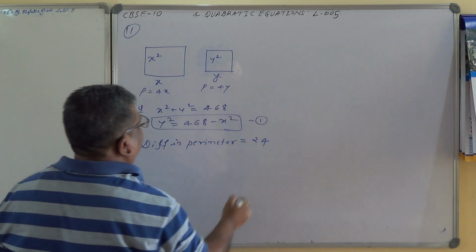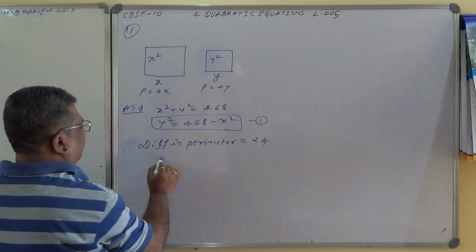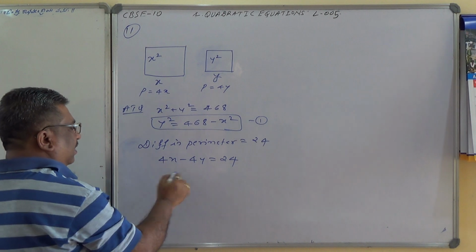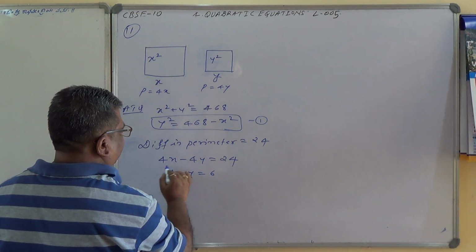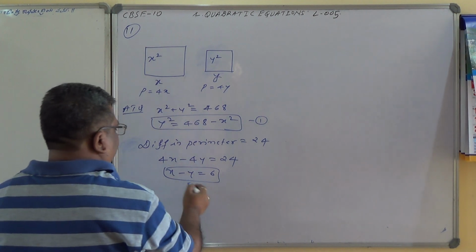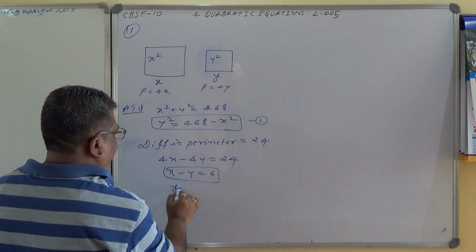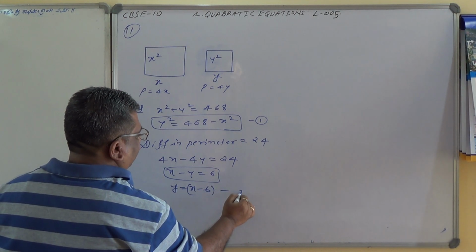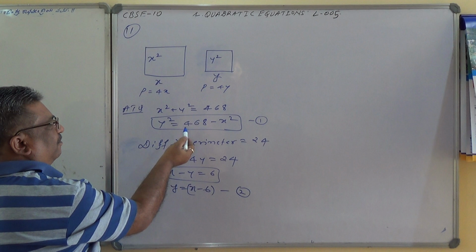Which is greater here? 4x. So x minus y equals 6. From here, y equals x minus 6. Mark this 2.